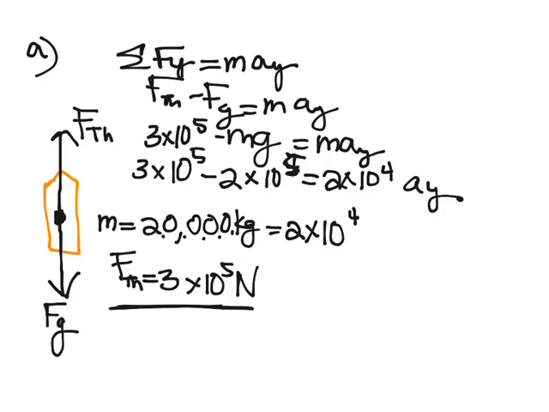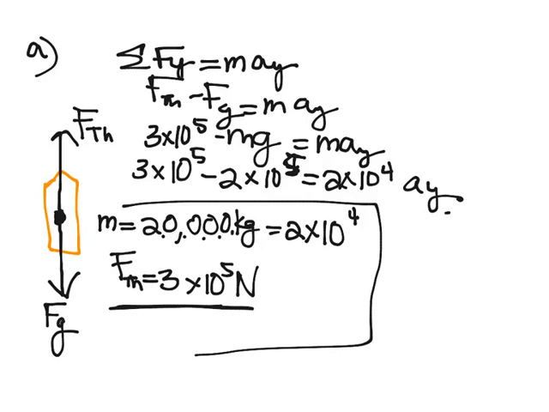I end up with, I'm going to draw a little box, 1 times 10 to the 5 is equal to 2 times 10 to the 4 a y.